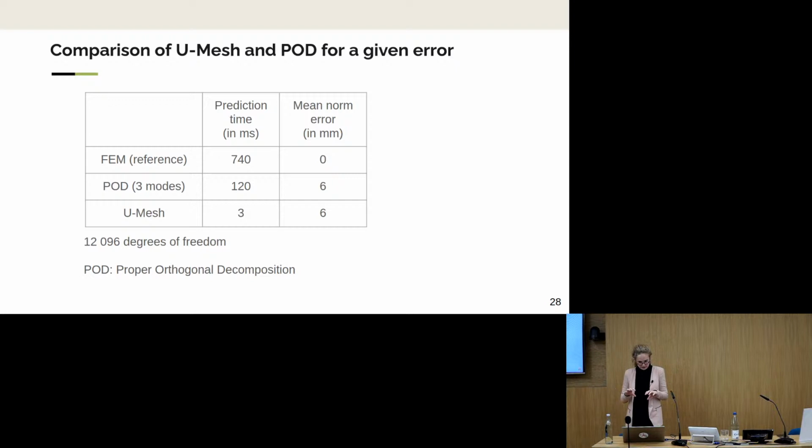The error we achieved with the two methods is equal to 6 millimeters, and in order to achieve such an error, we needed to keep 3 modes with the proper orthogonal decomposition, which led to prediction times about 40 times bigger than the prediction time needed for the UMesh.